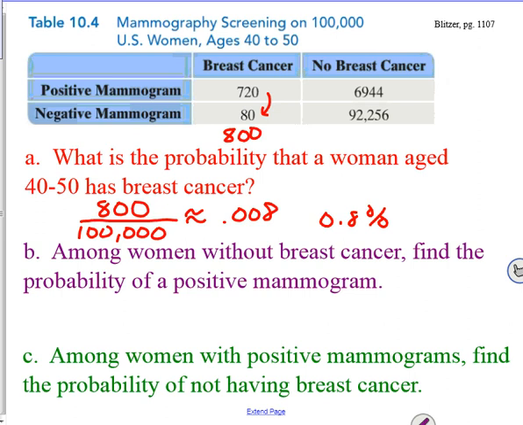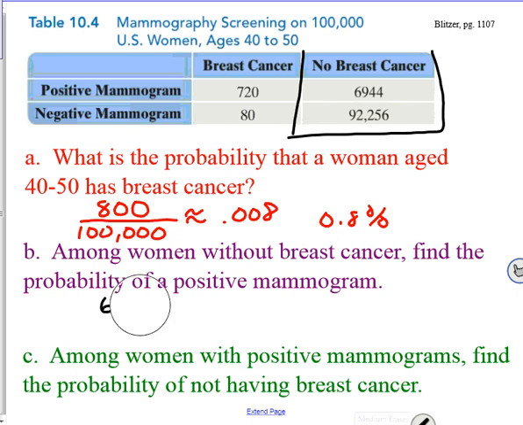So now we're going to look at narrowing it down. We have this table with all this data. We can narrow it down among women without breast cancer, so we are only going to look in this column right here. Among those women, find the probability of a positive mammogram. Our positive mammogram is the top of our fraction, 6,944.